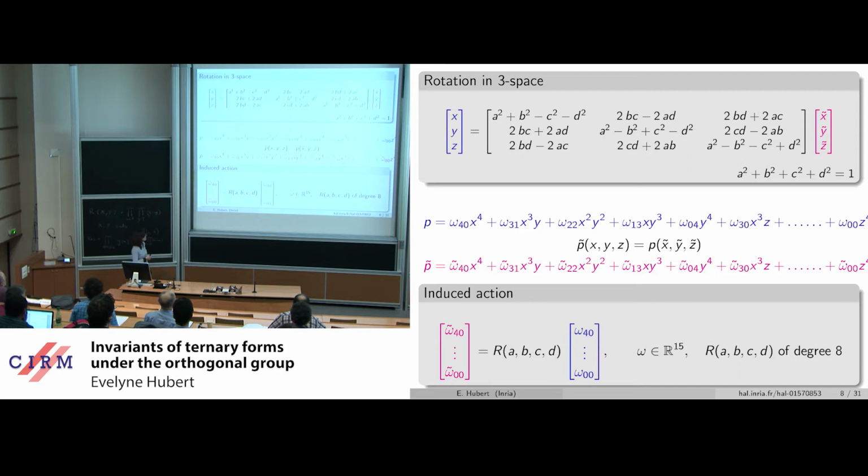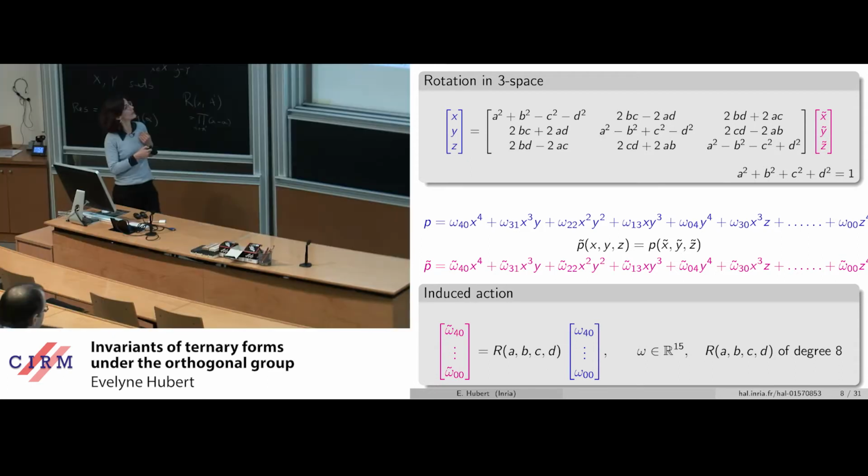And the relation between omega tilde and omega is given by a matrix whose entries are polynomials in these a, b, c, d that came to describe the rotation, of degree 8. So you have a 15-dimensional space, a degree 8 action, and you're trying to find quantities which are invariants.